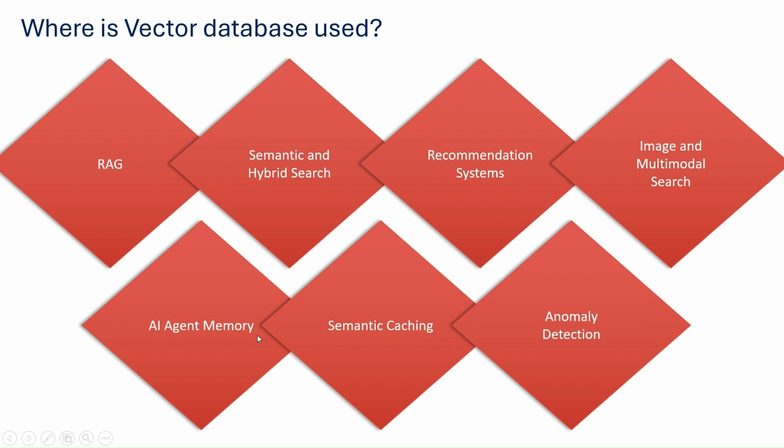Fifth one, AI agent memory. Nowadays, modern AI applications act as autonomous agents that learn over long sessions. And over a period of time, they act as an agent which is very intelligent and will provide more accurate results. The sixth one is related to semantic caching.